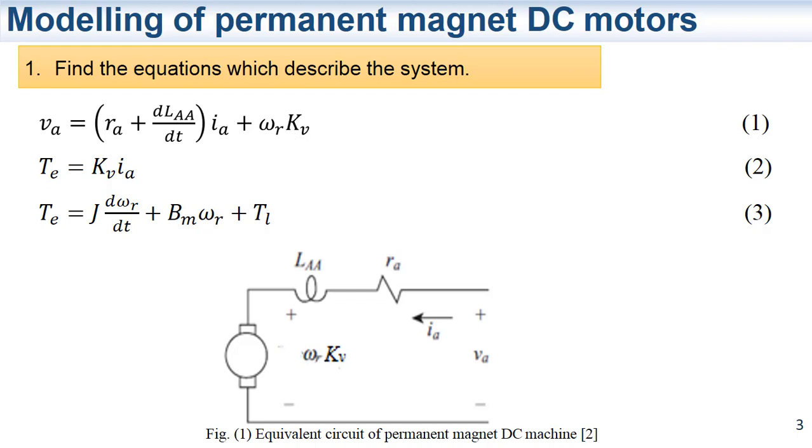The same constant is used to find the electromagnetic torque by multiplying that constant with the armature current. The electromagnetic torque is related to the mechanical side of the machine, presented by the inertia of the rotor and the damping coefficient associated with the mechanical rotational system of that machine, in addition to any load torque applied to that machine.